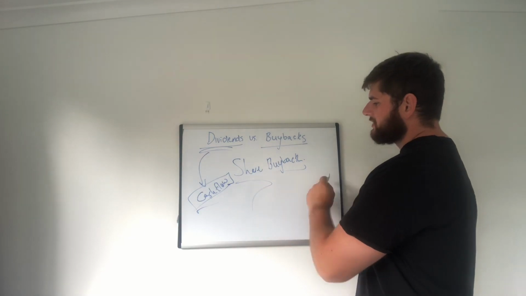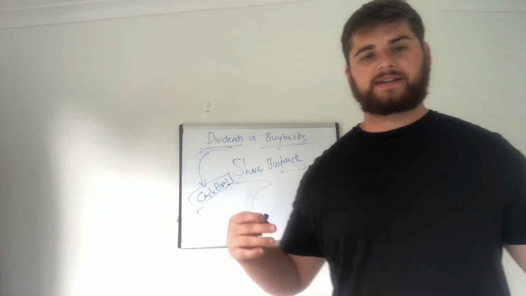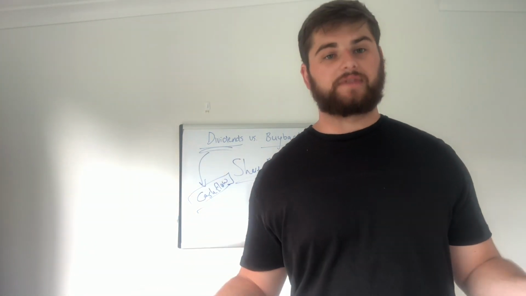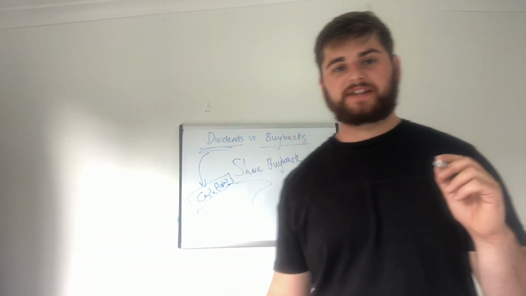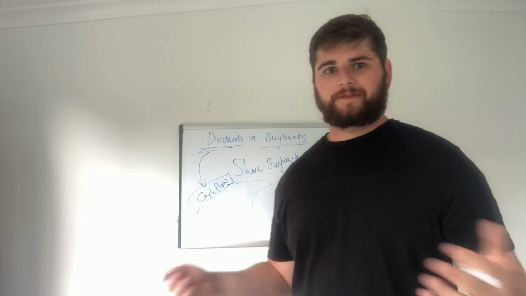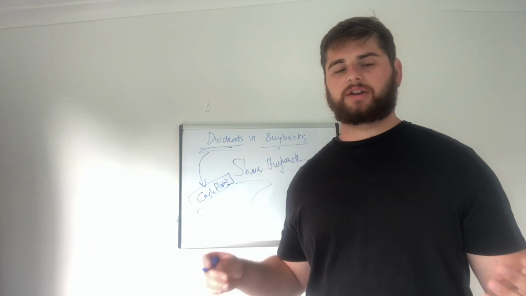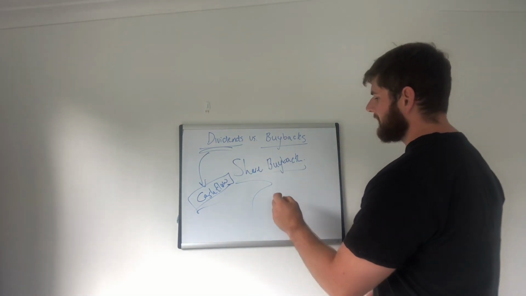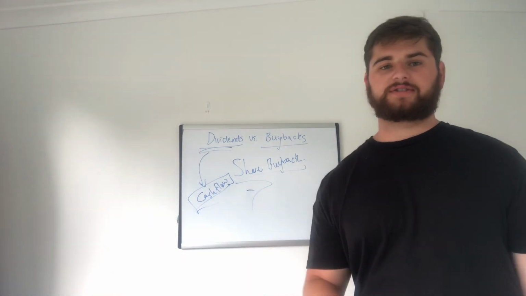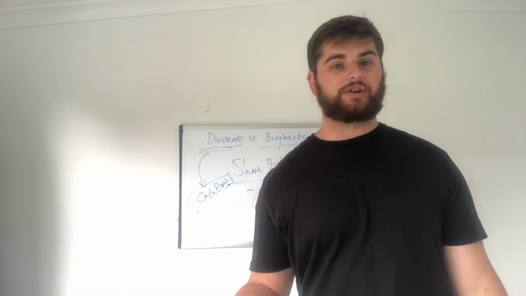The main advantage of share buybacks is actually to do with tax advantages. And this is especially important in countries like the United States, far less important in countries like Australia and New Zealand, which I'll get into in a sec. But there's some pretty big tax advantages to share buybacks, especially in the United States.